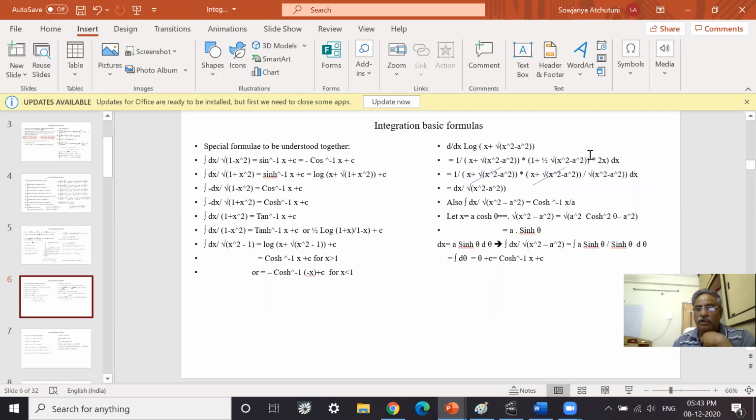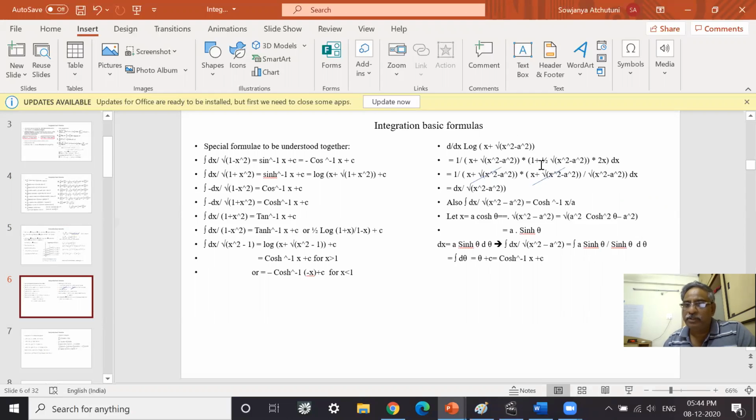Let us see how it has come. Let us say I am differentiating log of x plus square root of x square minus a square. The derivative of log is 1 by x plus root into the differentiation of the inside, which is 1 plus 1 by 2 root of x square minus a square into 2x. The 2 gets cancelled, and this becomes x by root of x square minus a square.